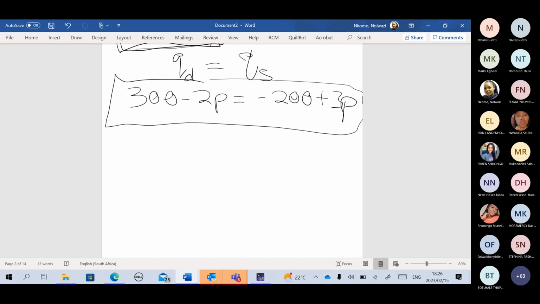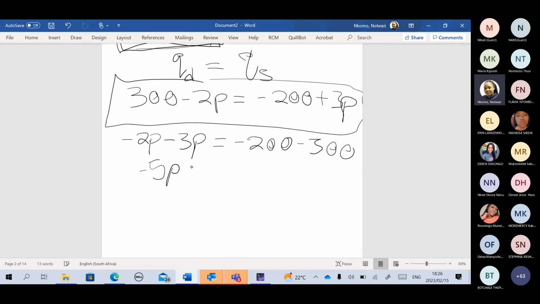So if we transpose these two, we'll have 2P minus 3P equals minus 200 minus 300, right? And if we simplify this further, collecting the like terms, we'll have minus 5P equals minus 500.